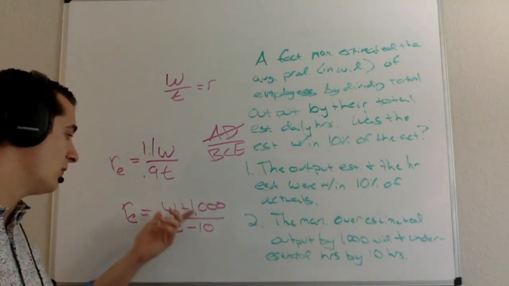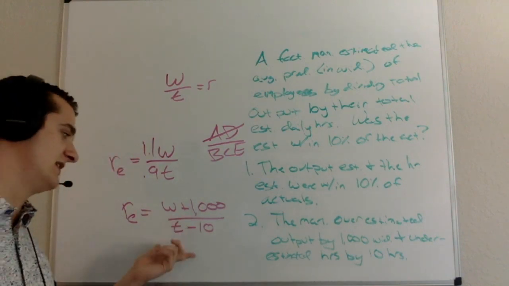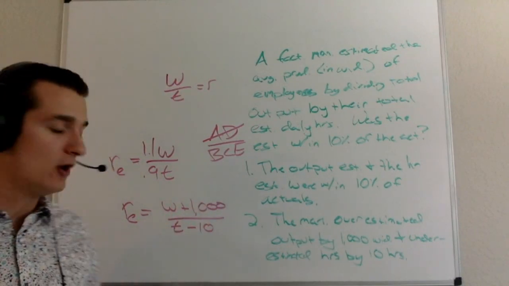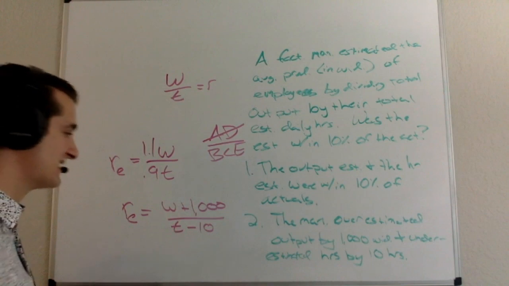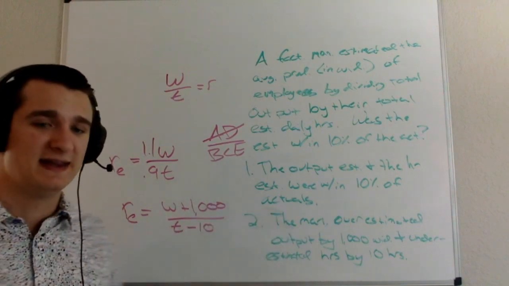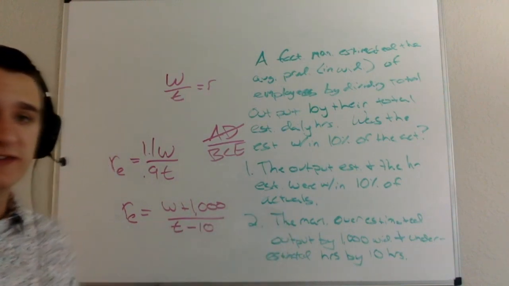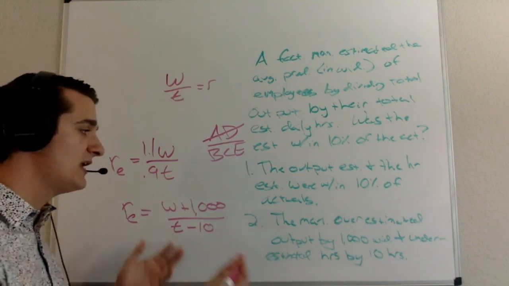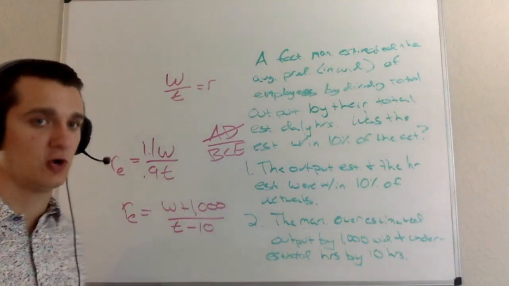But if the work was 1 and the time was, the time can't be 1 because you can't have negative time, but time was 11 or something, then all of a sudden I've shifted my time a ton and I've shifted my work a ton. And so now what I know is that it could actually be greater than 10% for sure.